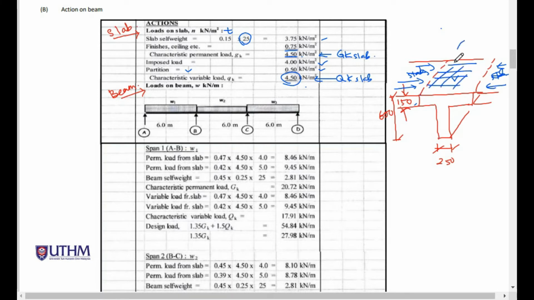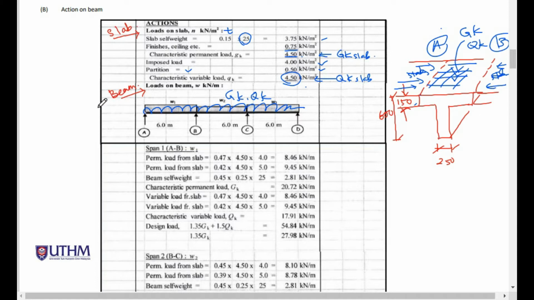This beam will receive GK and QK from side A and also side B. The same value of GK and QK, the difference is at the beta Vx. Okay, this is the loading, the GK and also QK, unit in kilonewton per meter square.